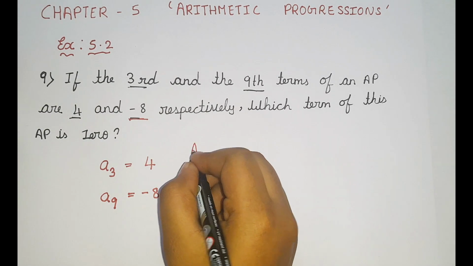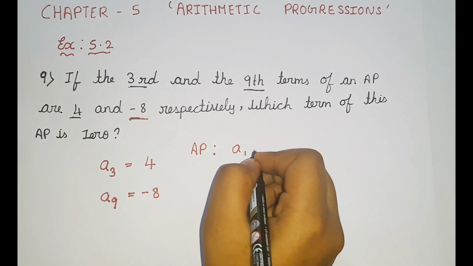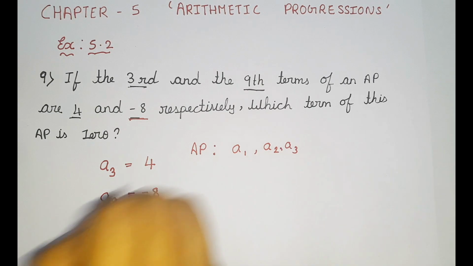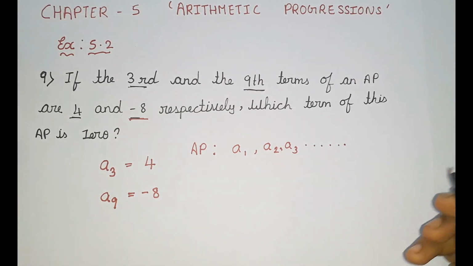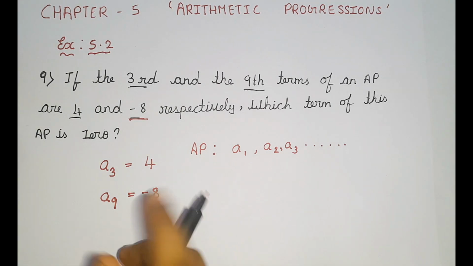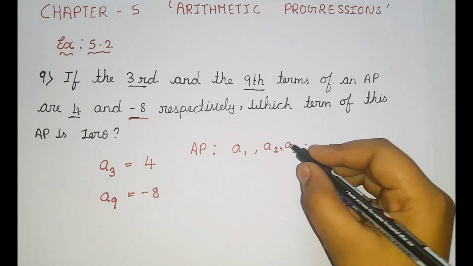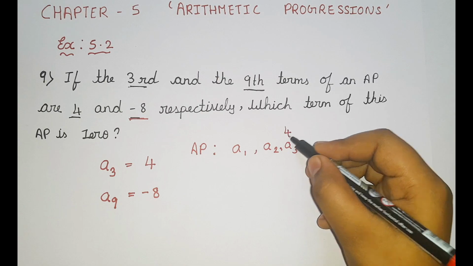First of all, now let us write the AP. So AP is equal to A1, A2, A3, and so on. This is an AP, isn't it? In this AP they mentioned the third term. Here A3 means the third term, so the third term is 4.